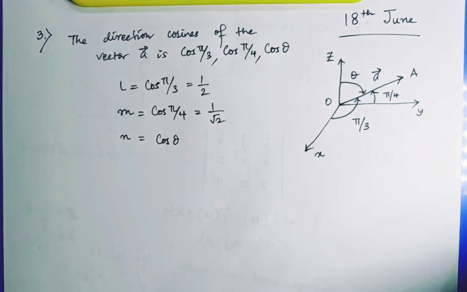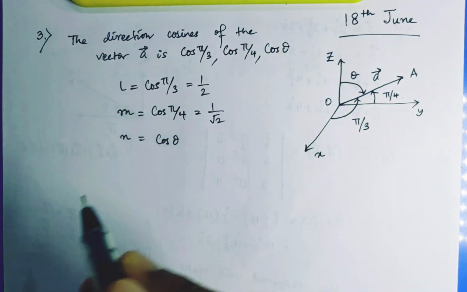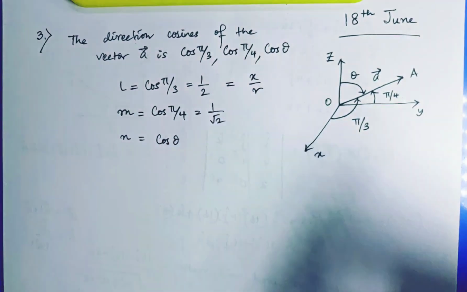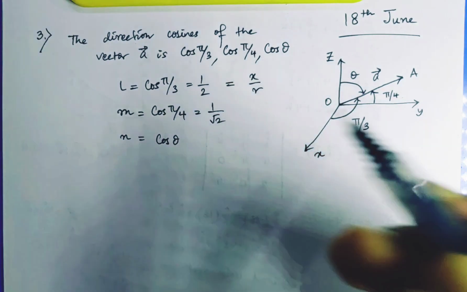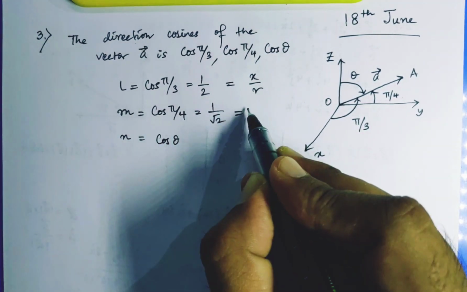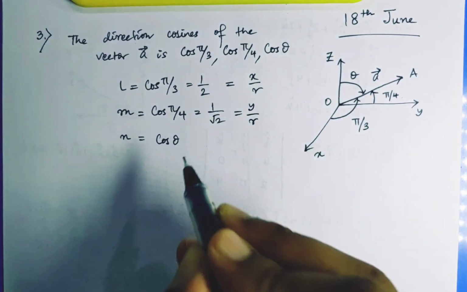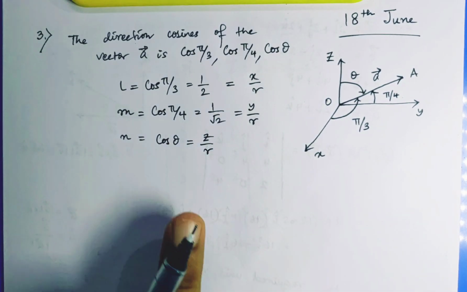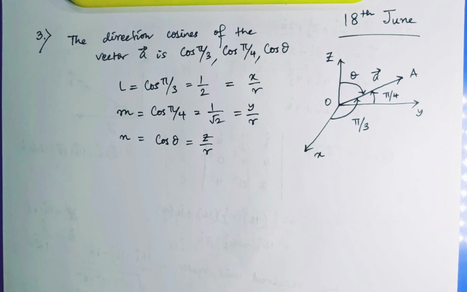So let's do it. So first thing, can you tell me what was L equal to? L was equal to X by R, M is equal to Y by R, and N is equal to Z by R, right? And R is actually the magnitude of the vector.